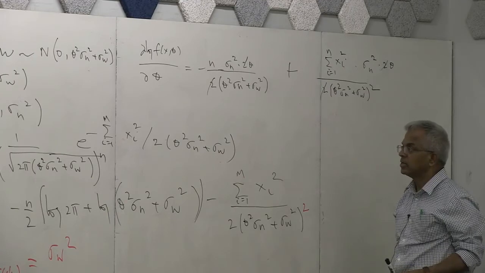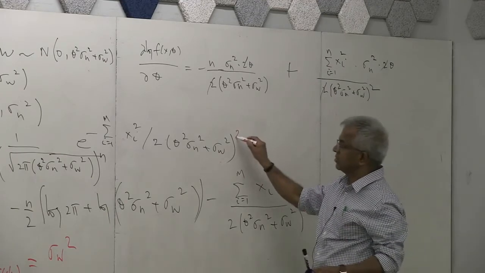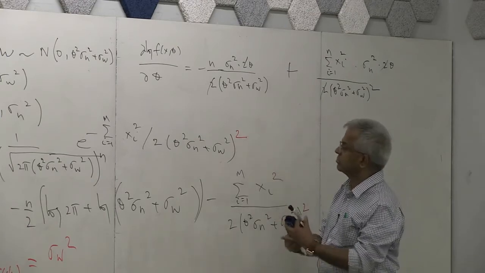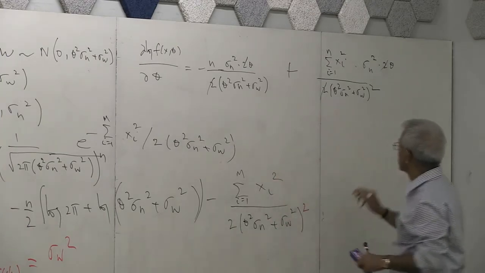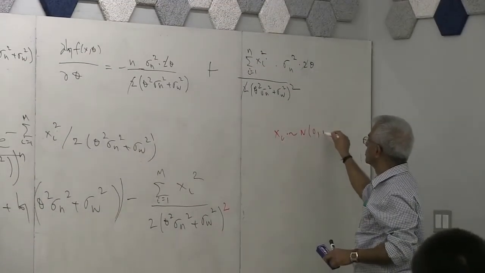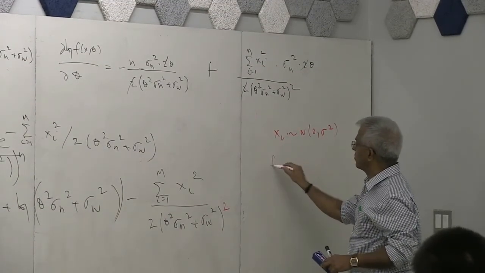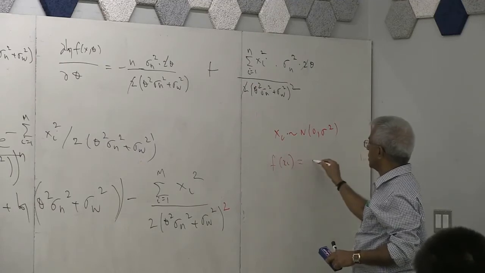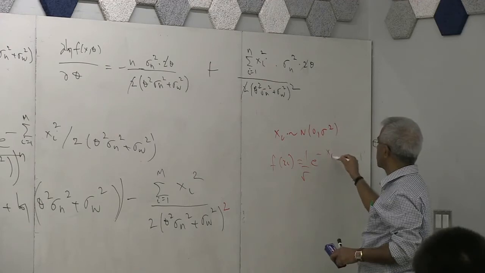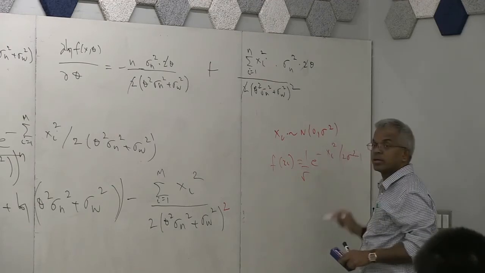All of us got excited. There is a sigma. No, hold on. If xi is zero mean with variance sigma squared, what does that mean? The density function of xi is e raised to minus xi squared over 2 sigma squared, right?